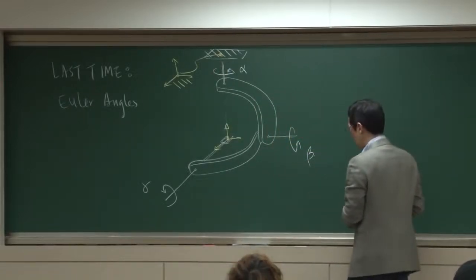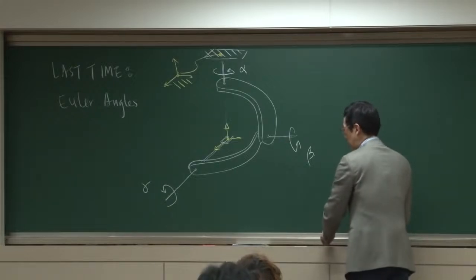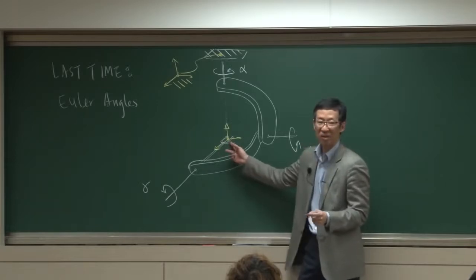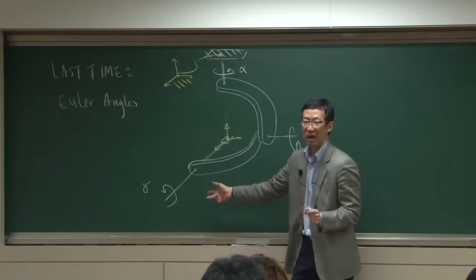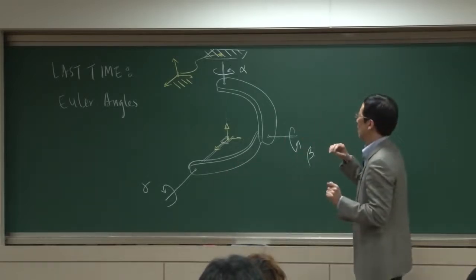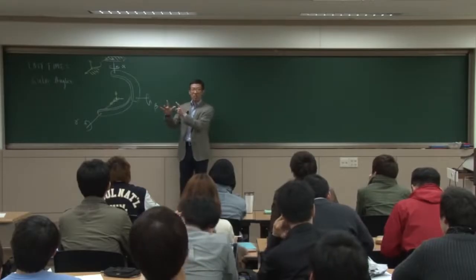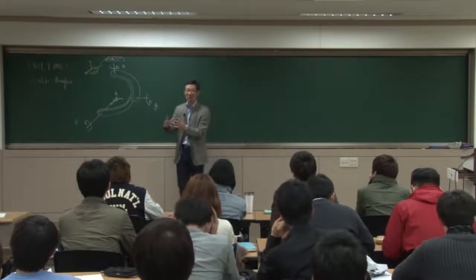So what I want to know is the orientation of this end effector frame as a function of the angles alpha, beta, and gamma. That's what I want to know. And to solve this problem, I'm going to break it up into a set of smaller problems and put the results together.